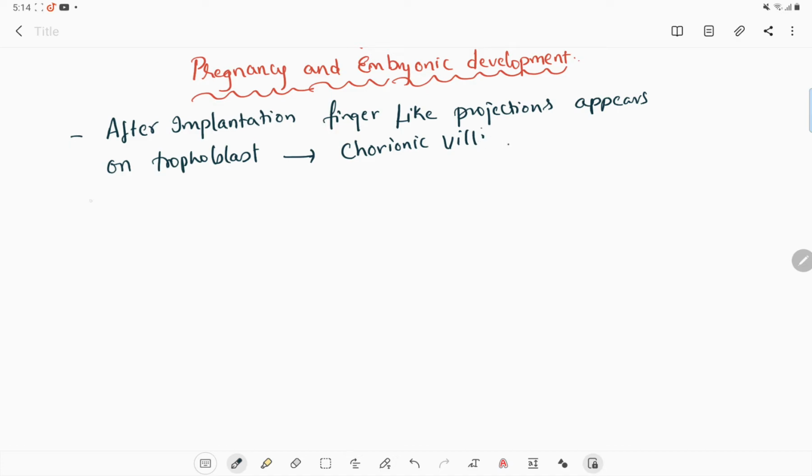Okay. The chorionic villi are surrounded by uterine tissue and maternal blood.